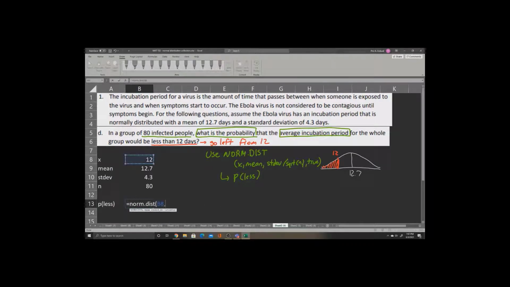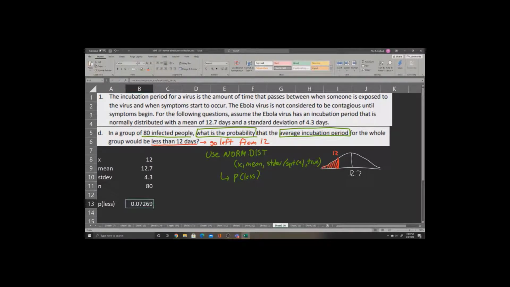Click x, comma, mean, comma, standard deviation divided by square root of n, comma, true. Press enter, and we can find that our probability of being less than 12 is 0.07269. This will be our answer for part D.